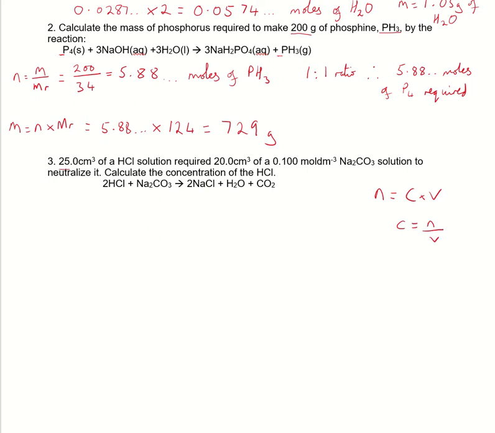Well, I know the volume, I've got that there, but I don't know the number of moles. However, I do know the volume and the concentration of the sodium carbonate. And if I know those two, I can work out moles. And if I know the number of moles of this, and because of the 1-to-2 ratio, if I double it, that will tell me the number of moles of HCl. So let's start working through it.